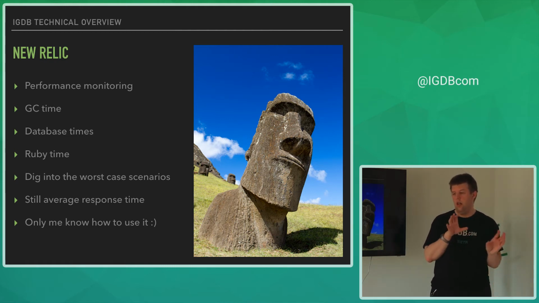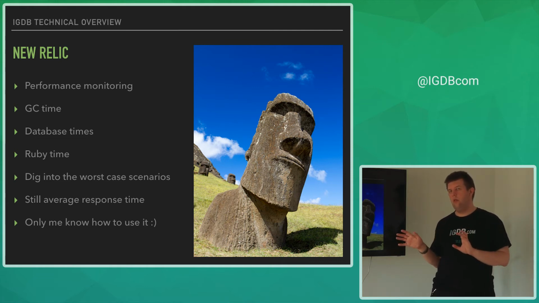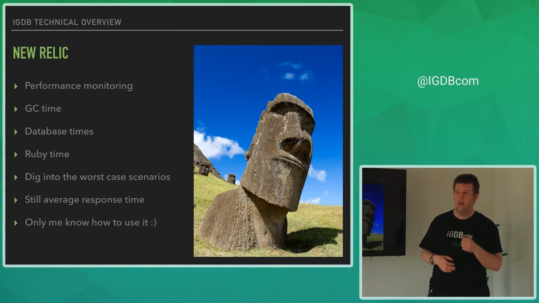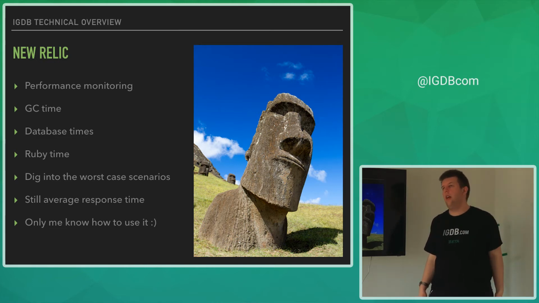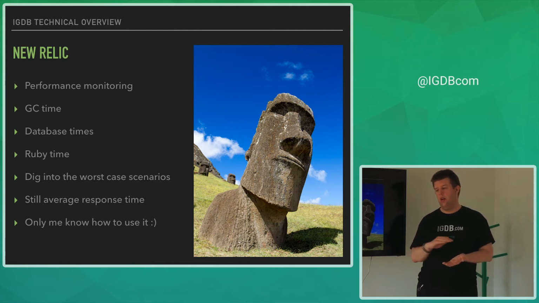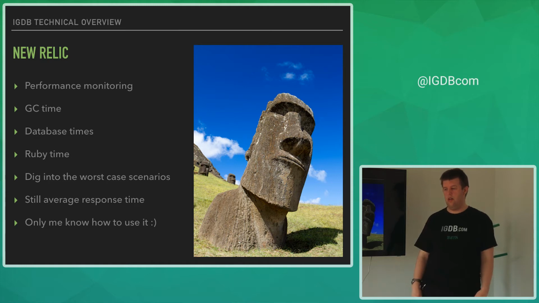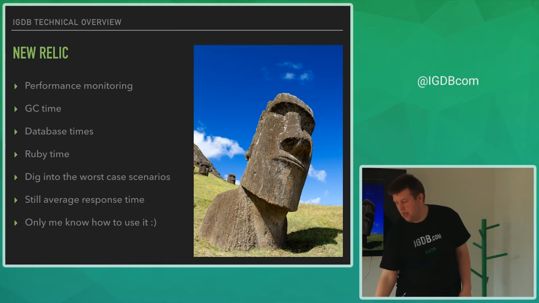But it still shows average response time, which is a little bit bad. But it's hard to really do anything other than average, because some responses are very quick, like for instance autocomplete, and they are also very many, and therefore average isn't that perfect to see. And the thing is that it's only me who knows how to use this in IGDB.